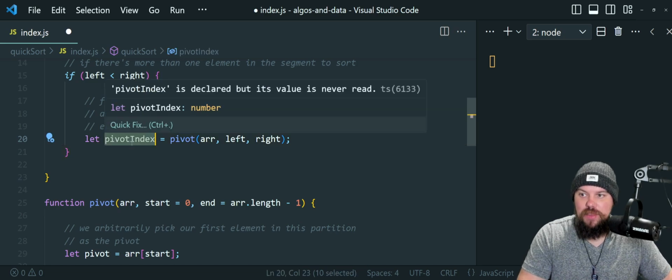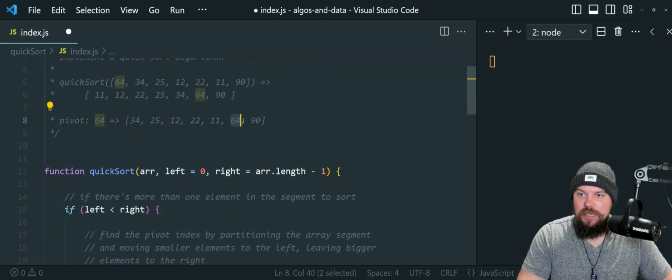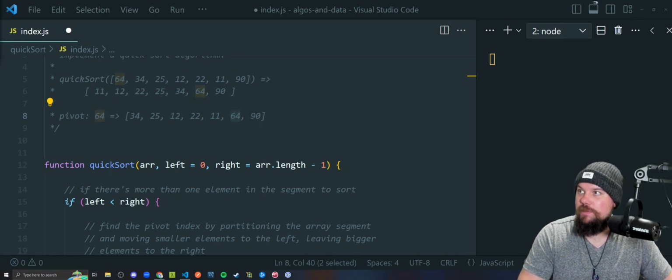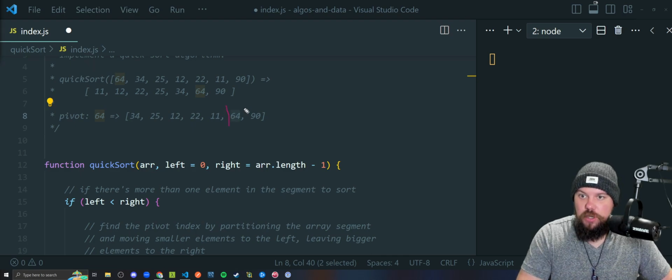This says, hey, the 64 we're looking at here is now correctly set, which is why we need to do that, so we know where it got moved to. That is our pivot index that we are returning, which means we now have our subsection to the left of here, which is our pivot index -1, and to the right, which would be our pivot index +1.